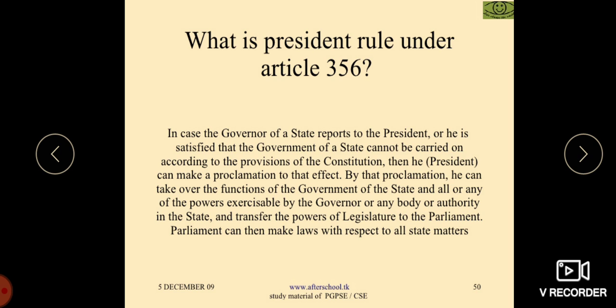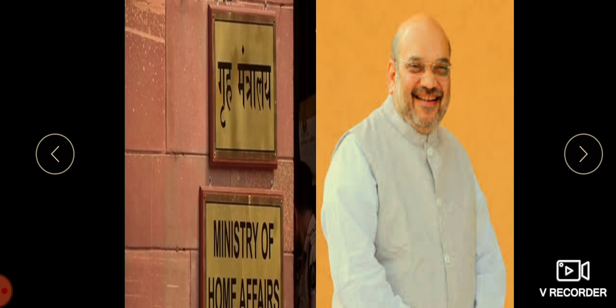By that proclamation he can take over the functions of the government of the state and all or any other powers exercisable by the Governor or any body or authority in the state, and transfer the powers of the legislature to the Parliament. Parliament can make laws with respect to all the state matters.